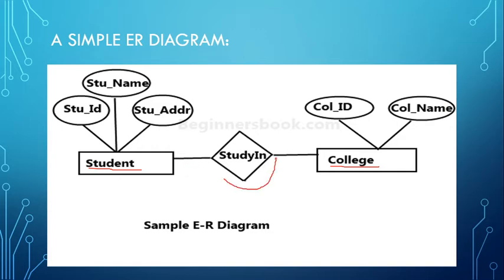An entity is represented in a rectangular shape, and the relationship is represented in a diamond or rhombus. We will learn about these shapes in the next slides. This lecture will include all the information about the requirements of an ER diagram.